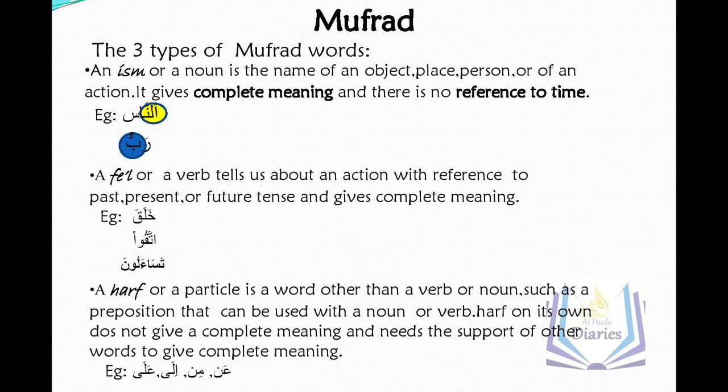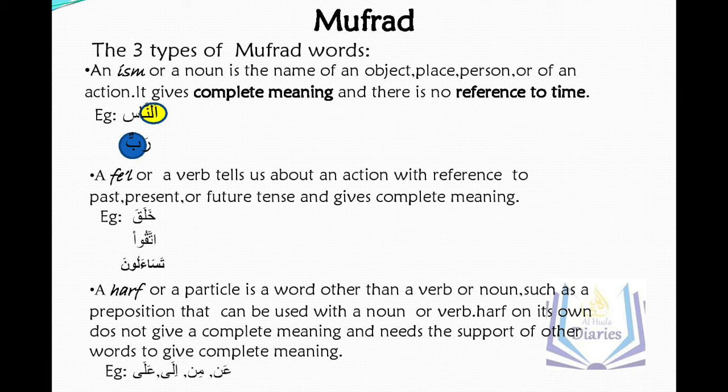Now talking about fi'l, which is again commonly translated as verb, it tells us about an action, and like ism, fi'l also conveys a complete meaning, but it has a reference to time. That is, a verb could be either in the past, present, or future tense.